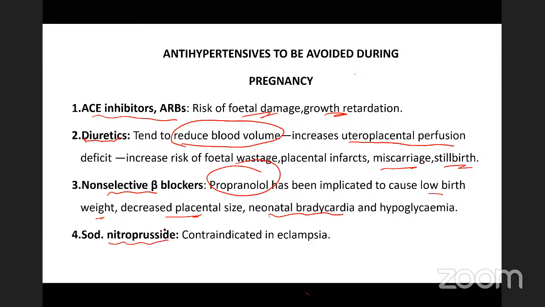Sodium nitroprusside produces cyanide toxicity in both mother and fetus, so it is contraindicated. So ACE inhibitors, ARBs, direct renin inhibitors we can add here, diuretics, non-selective beta blockers like propranolol, and sodium nitroprusside are the drugs absolutely contraindicated in pregnancy.